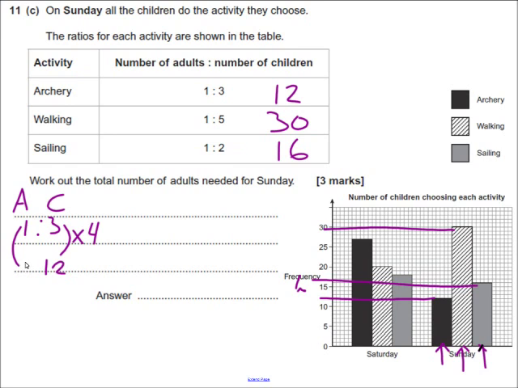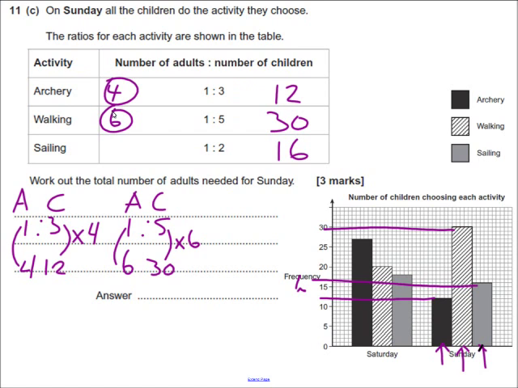We need to do the same to the adults. So we need 4 adults to take the archery. Let's do the same for walking. Adults to children is the ratio of 1 to 5. And we know we have 30 children that want to do it, so we've multiplied that by 6, and we have to do the same on the other side of our ratio.